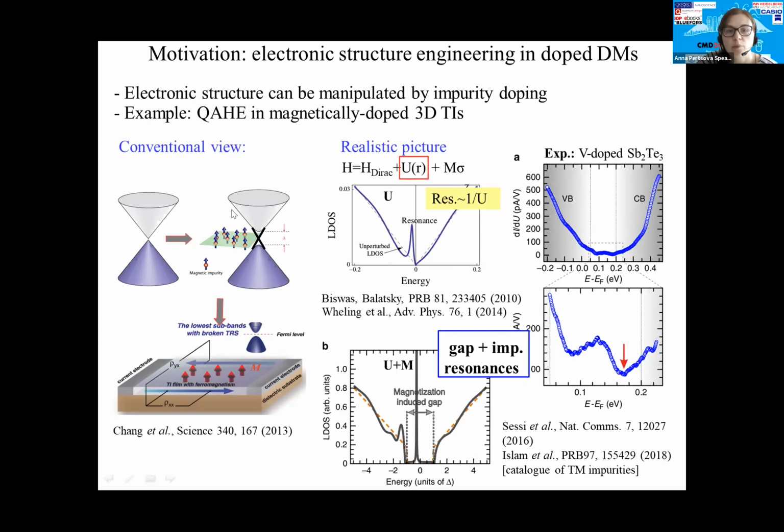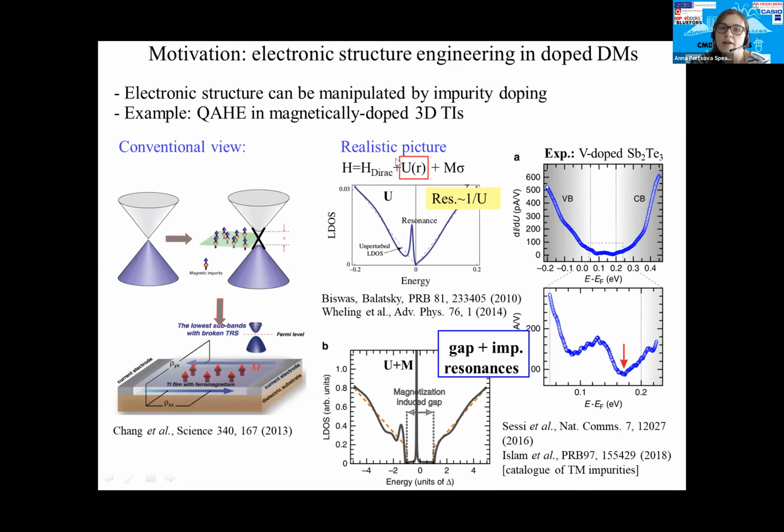In this simple picture, if we take a TI and dope it with magnetic impurities, we hope that the impurities would form a magnetic order, and a gap would open in the surface Dirac cone. That would lead to chiral edge states in the Hall bar geometry, and this would lead to the quantum anomalous Hall effect.